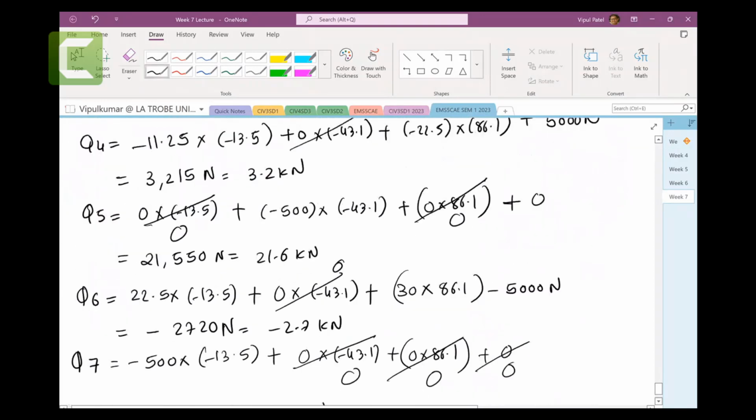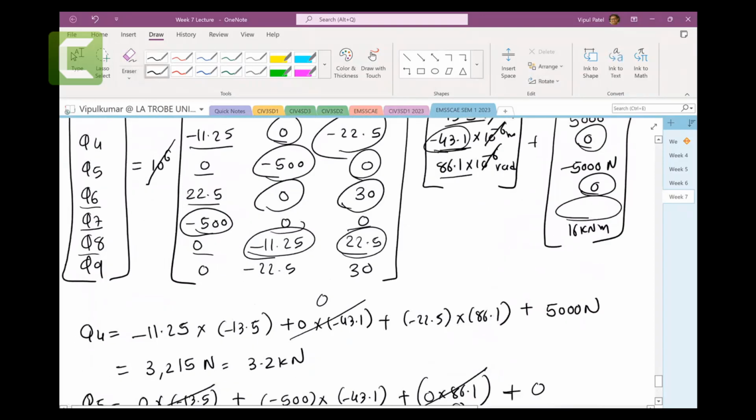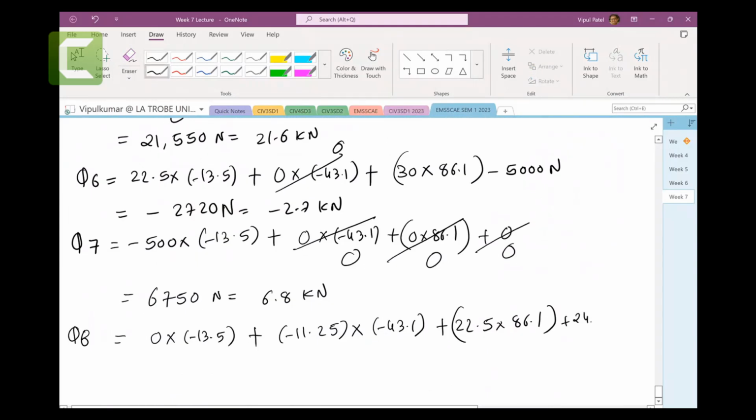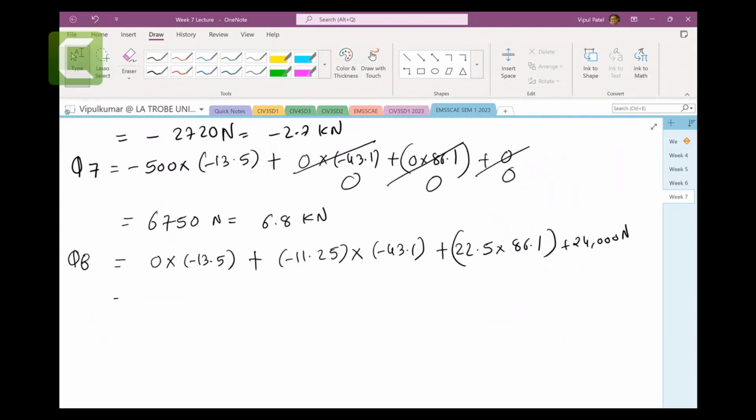So that would be 24,000. So just change this one to 24,000 newtons. So in that case, this whole thing 0 and minus 11.25 times minus 43.1 plus 22.5 times 86.1 plus 24,000. You got 26,422 newtons, which is 26.4 kilonewtons.